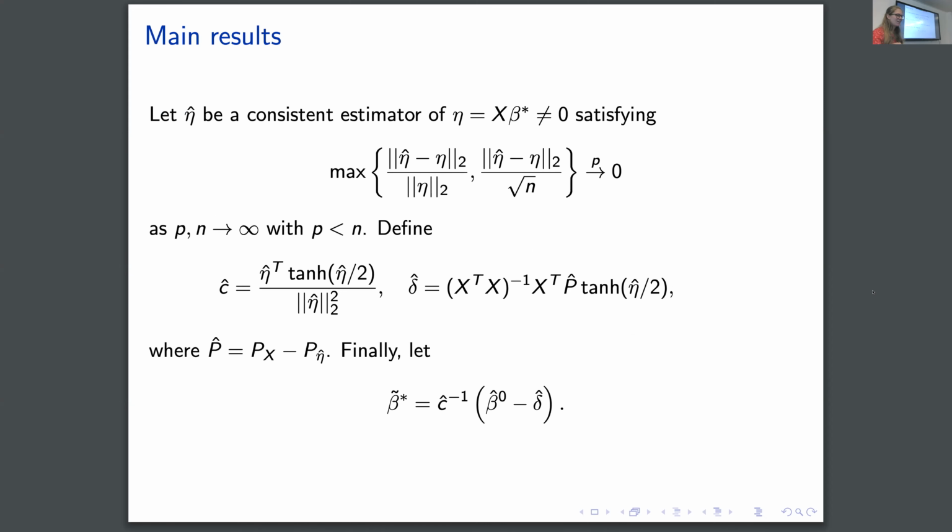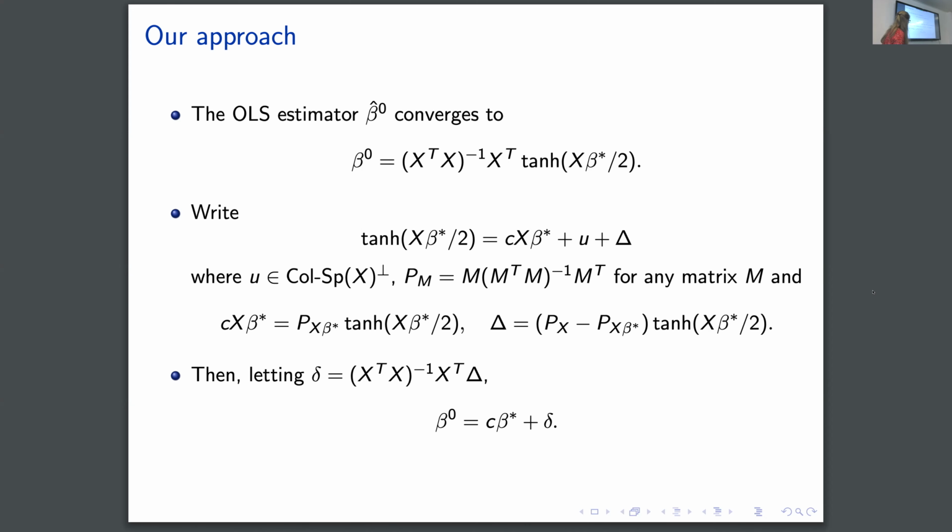Can you explain your decomposition again? If you take a vector in R^n, you can always express it as a sum of orthogonal components. If you've got 3 orthogonal subspaces, you can always project it onto those 3 spaces, and you can express any vector in R^n as a sum of those projections. That's what I've done. It's a projection onto the line x beta star. Then you look at U, which is orthogonal to the column span of x.